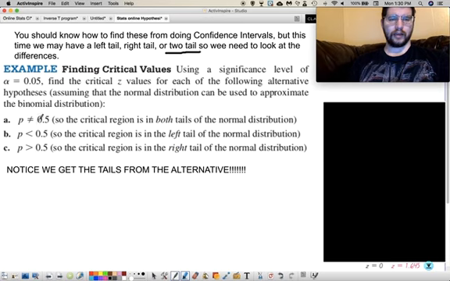So we're going to, like we did before, have to split alpha in half for that one. Alpha is 0.05. We've got to split it in half. We're going to look up z of alpha over 2 because it's a two-tail.